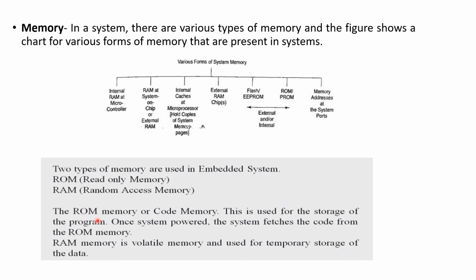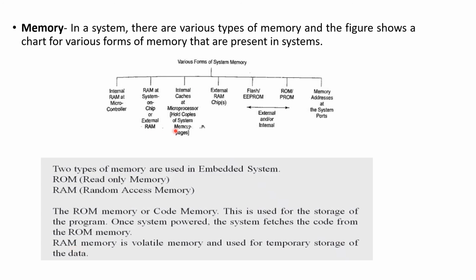We are storing our permanent data there. But in the case of random access memory, it is only a volatile memory. For temporary storage of data only, we are using the RAM memory. Say it will be of size only 256 or 512 bytes.